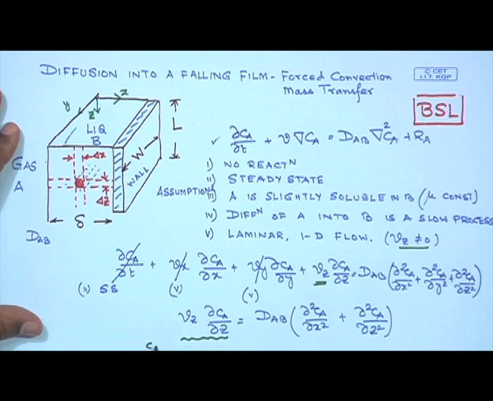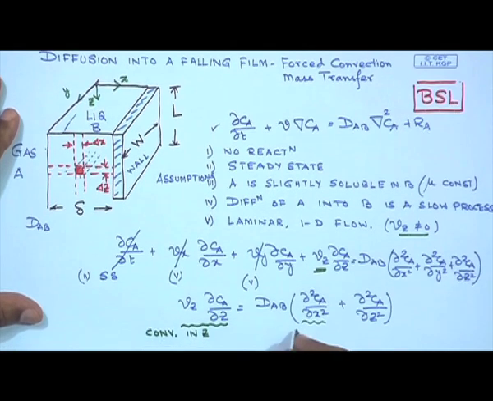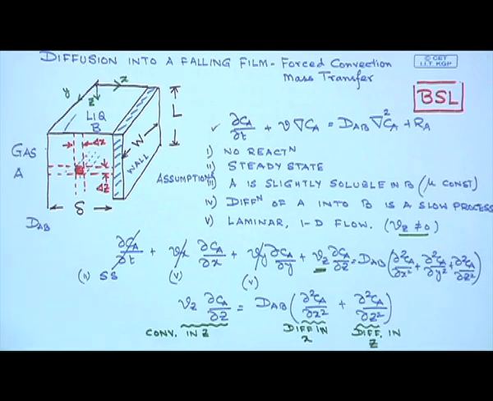So this is convection in Z. This one multiplied by dAB is diffusion in x, and this multiplied by dAB is diffusion in Z. So at this point I think we can make a judgment about which is going to be important in this case.